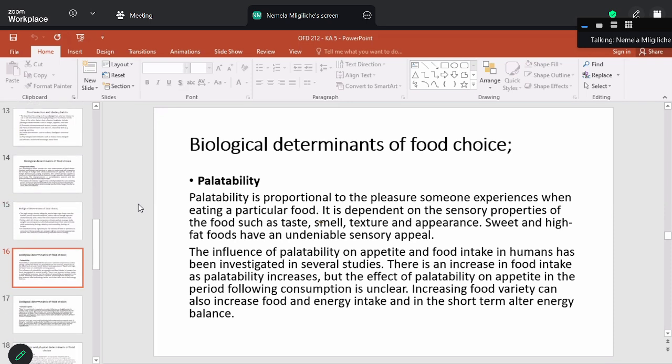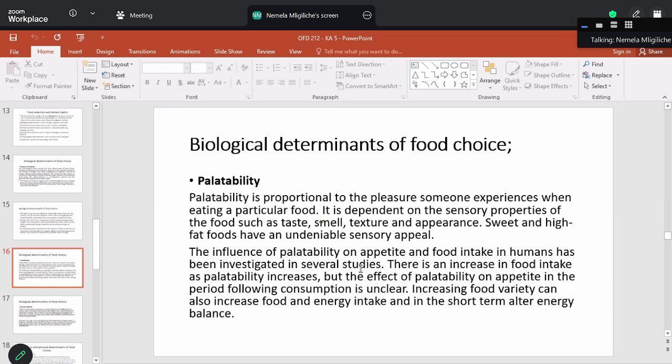When the food is palatable, you tend to eat more. So when food is very good, you eat more and more of that food, and this is determined by sensory properties, which are smell, texture, and appearance. Fatty food normally has good sensory appeal, so people like to eat very high fat food, which is fried.